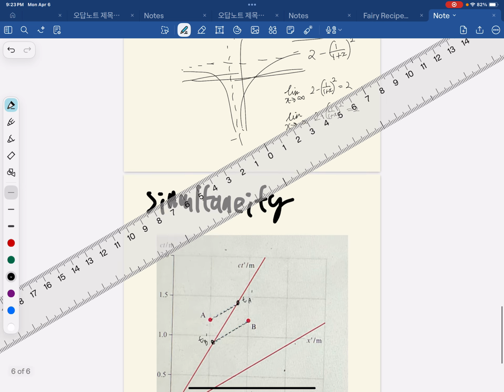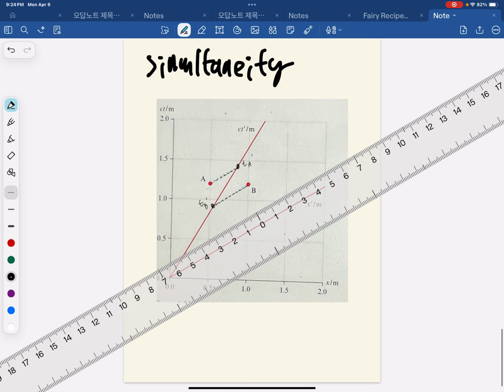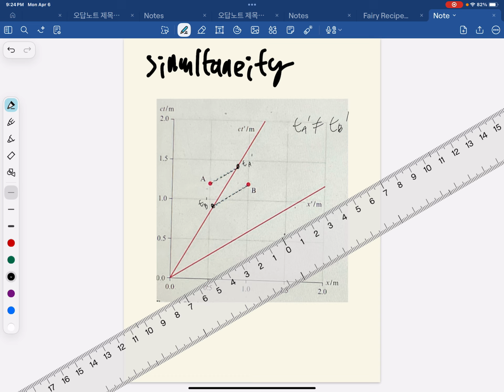Now we can see here that TA primed is not equal to TB primed. In fact, TB primed happens a lot earlier than TA primed. So we can conclude that in this moving frame's perspective, event B happens first, then time passes, and then event A happens. Okay, that's pretty straightforward.